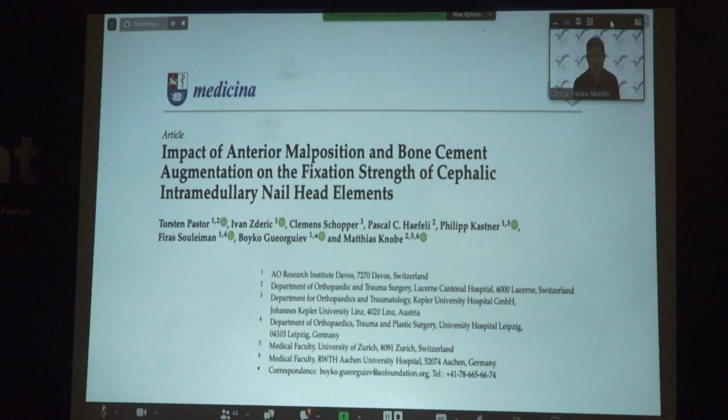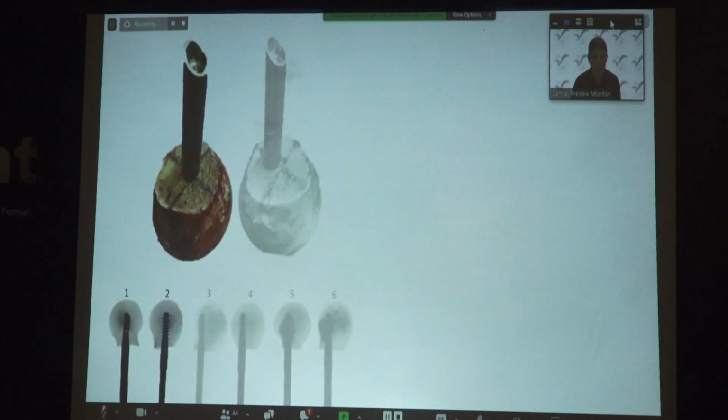So that's the Solomon lab, and it's not a true human study. So the Yale group did a similar thing in cadaver bone. So you can kind of guess that the center with the cement augmentation is the strongest construct.